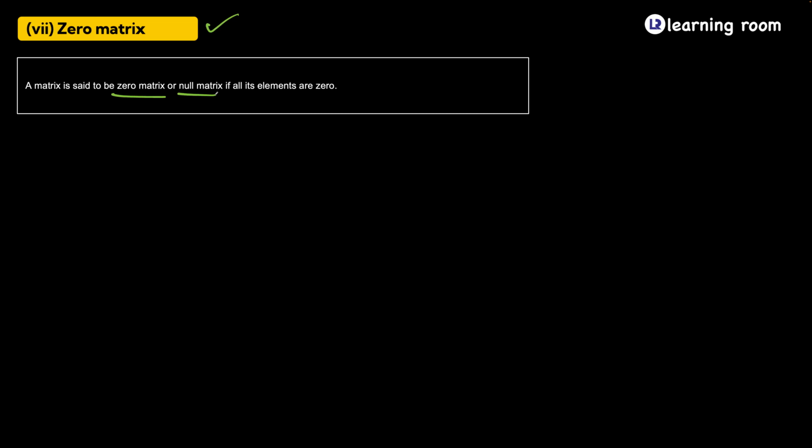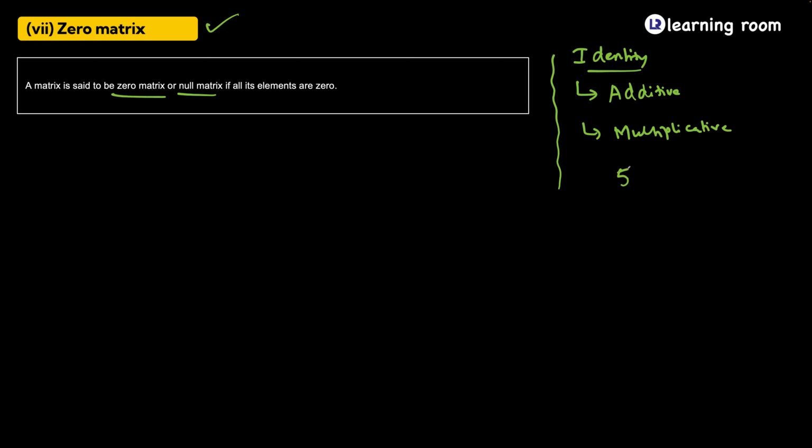Observe, when I use the word identity, there are two kinds of identities we can think of. One is called additive, and the second is called multiplicative.